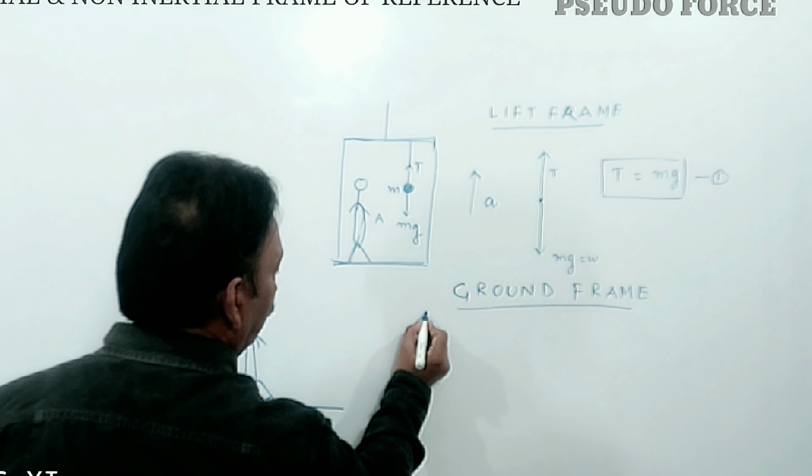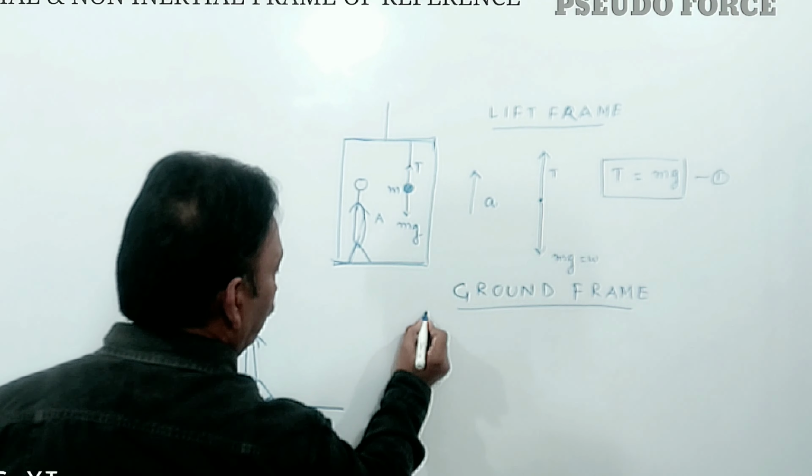If you take it as the accelerated frame, that means it is non-inertial, the result is T equals m of g plus a. If it is the inertial frame of reference, then the result is T equals mg. Understand me, students? But we have to stick with one frame of reference. We have to make the result the same.